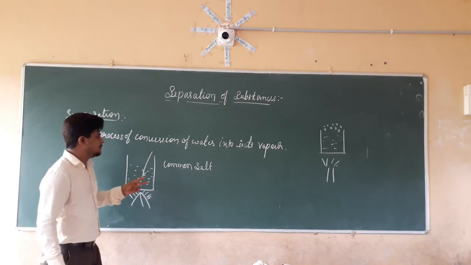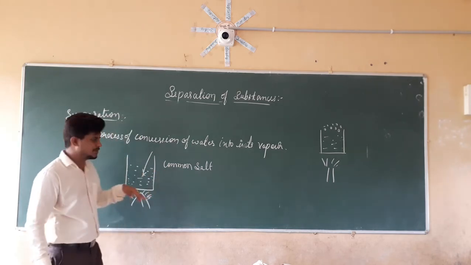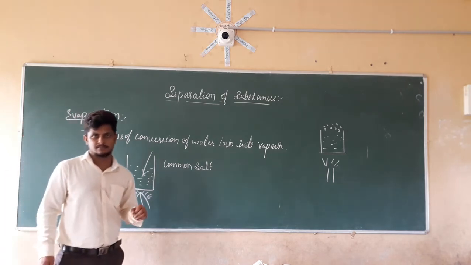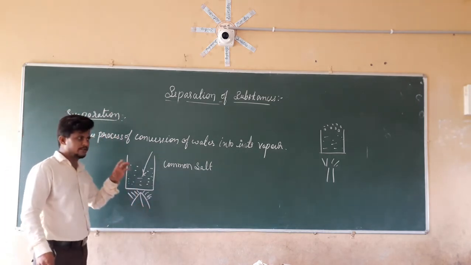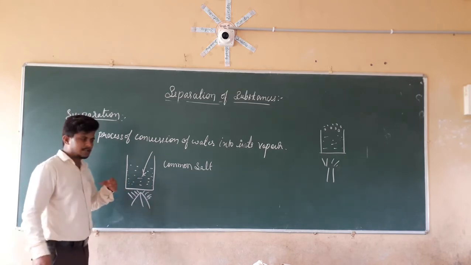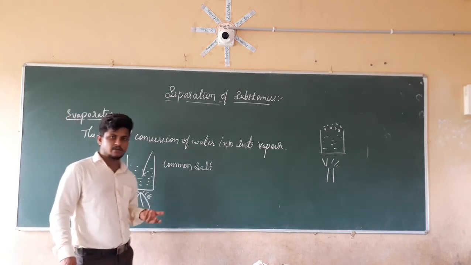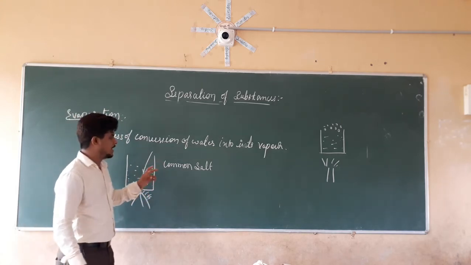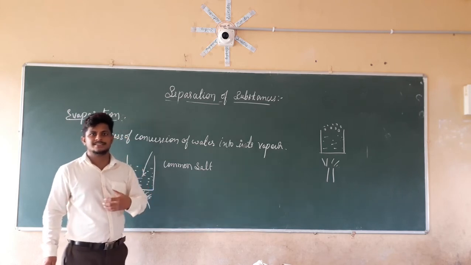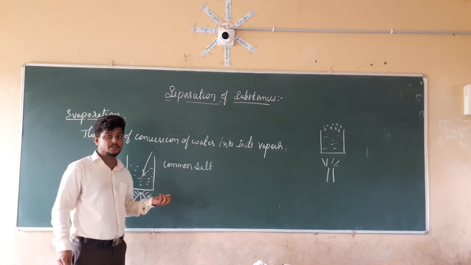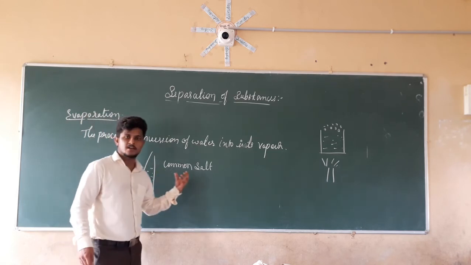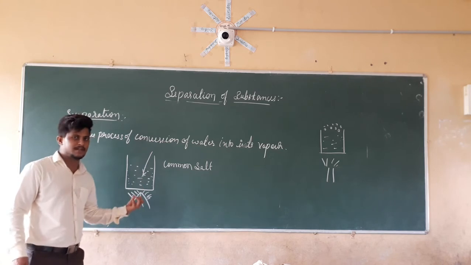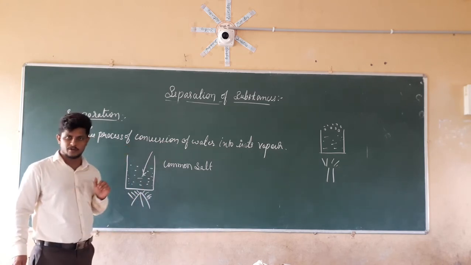So to separate this type of mixture, we are going to use evaporation. That is, to separate a mixture whose components we couldn't identify or differentiate. For those types of mixtures, we are going to use evaporation.